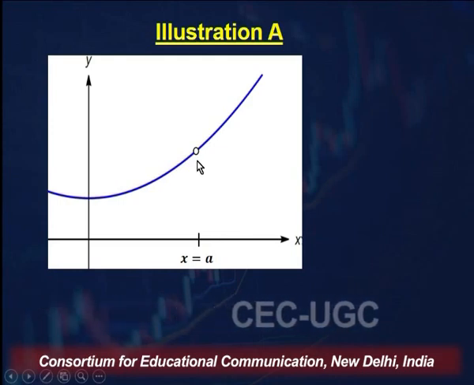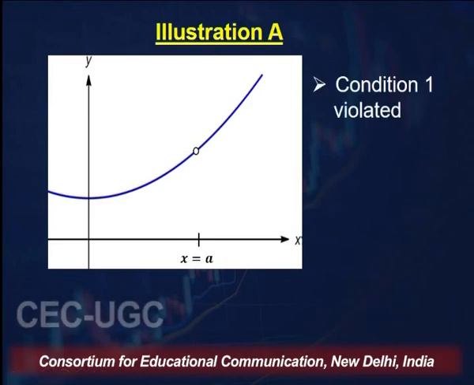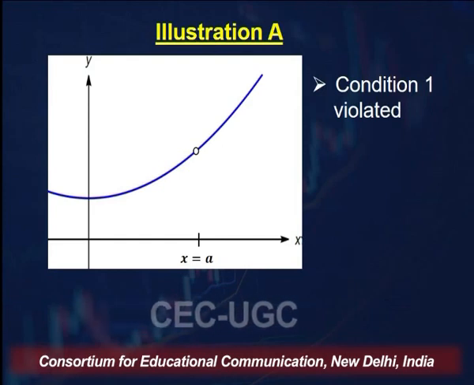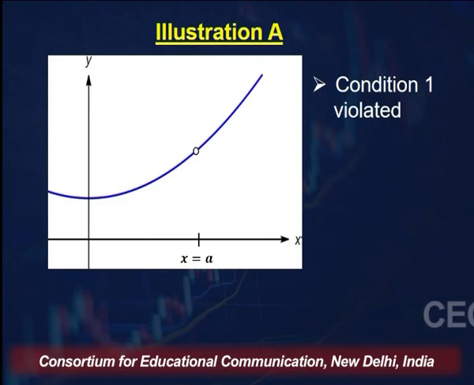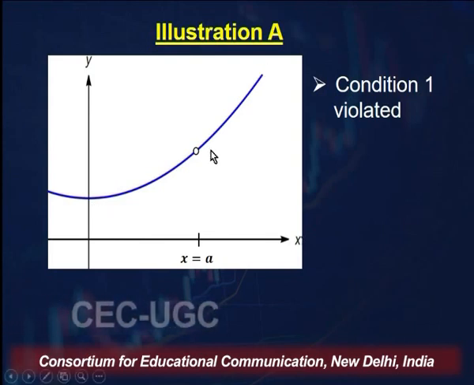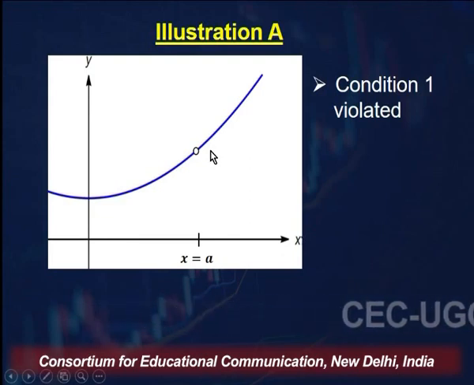So this is a situation where condition 1 only is violated. There's no need to even move further in the definition, because condition 1 is violated, and you can even see visually that there's a break in the graph. Because of this, we have a discontinuity.